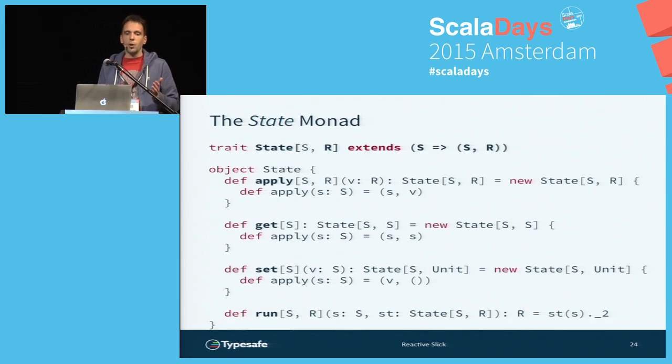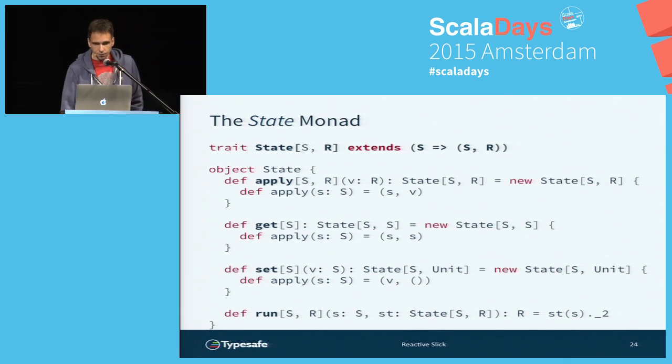So what you need for a monad is three things. First of all, a type constructor. So we have a state of something, in this case state of R. That's the monad part. There's also this S type, which represents the actual state. In our case, it's an int that we store in there.